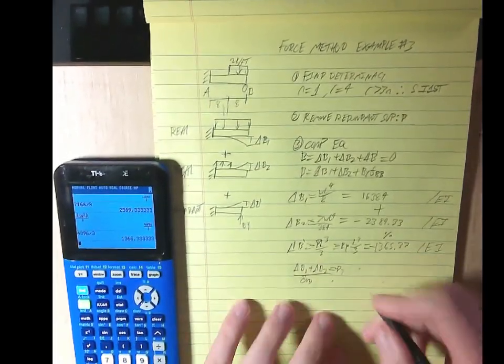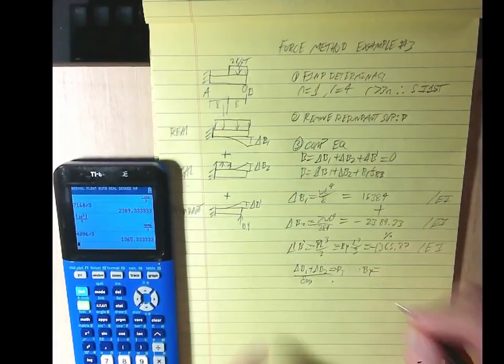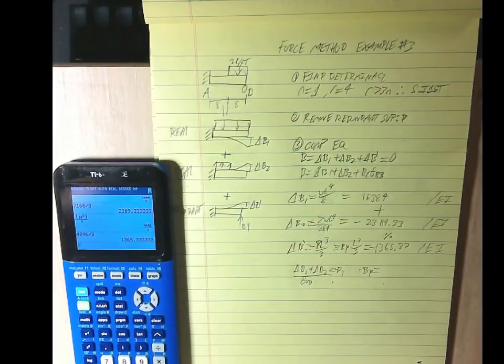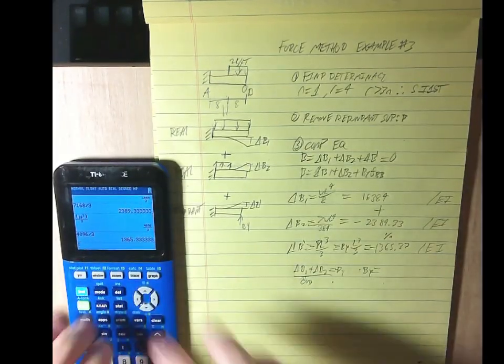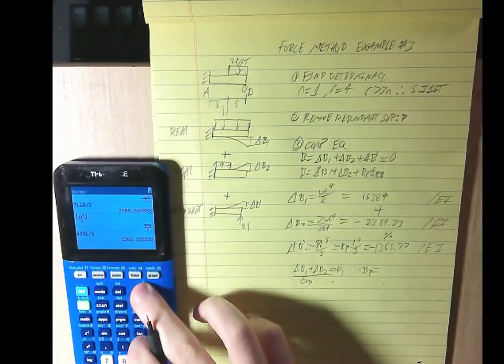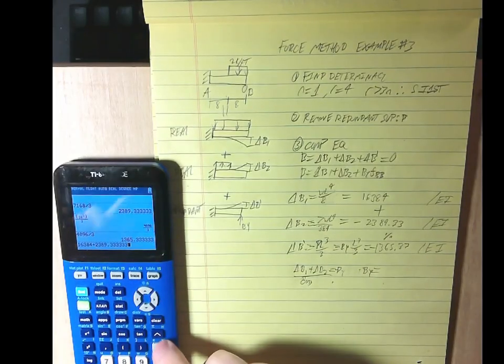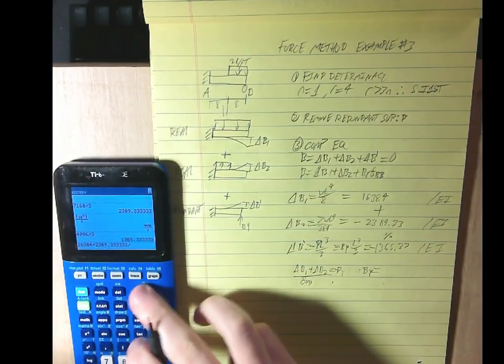So we know this works, so from this we can say that By is going to equal this plus this divided by this.